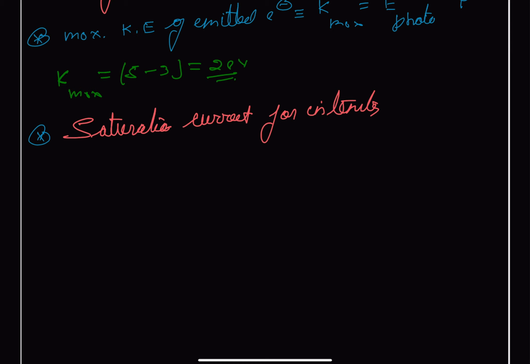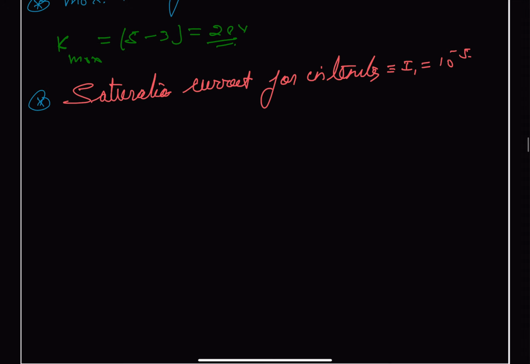Let us suppose the intensity I1 is equal to 10 to the power minus 5, and the value of saturation current, small i1, is given as 4 microampere.